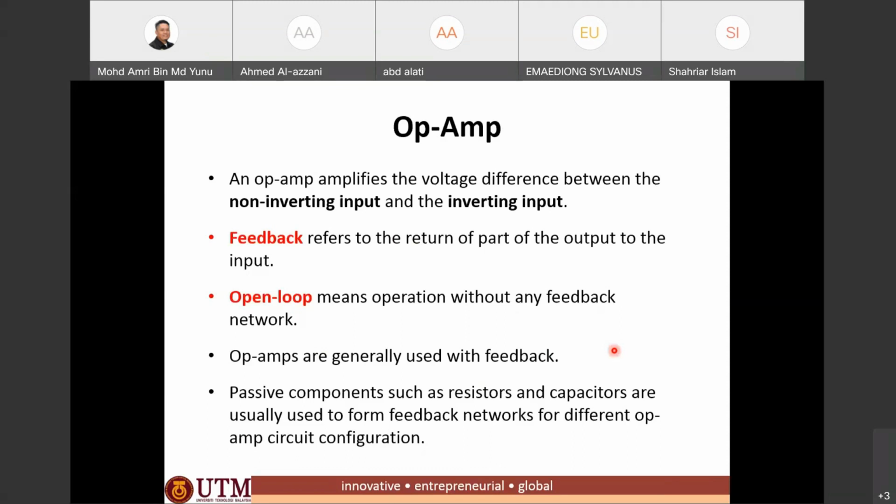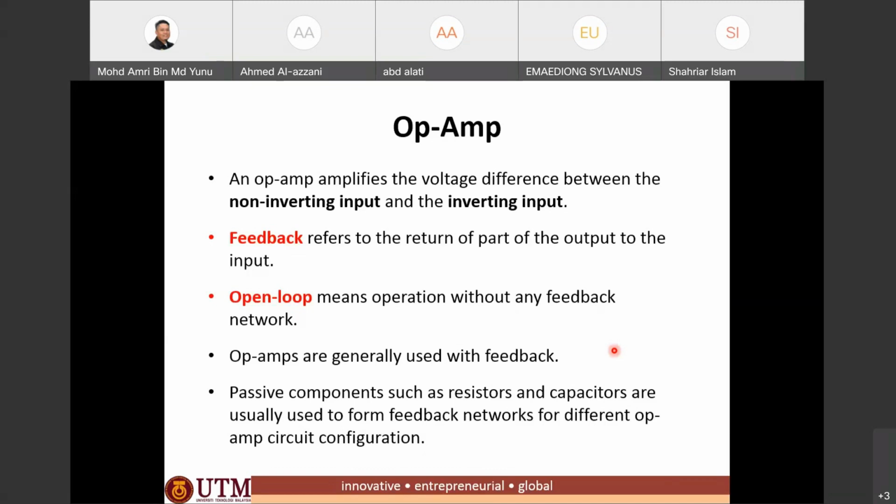The op-amp usually has a feedback part, and the elements used in the feedback or in the amplification are passive elements like resistors and capacitors.